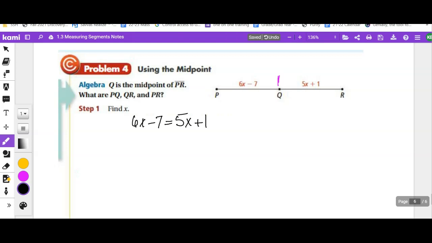Now I'm going to combine my like terms. So I'm going to subtract 5x from this side. And what I do to one side, I have to do to the other. So x, let me add 7 over here, is equal to 8.